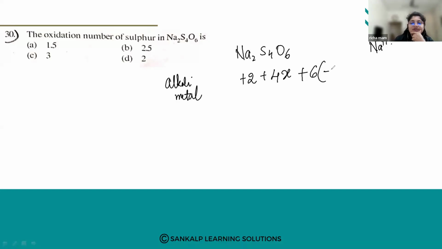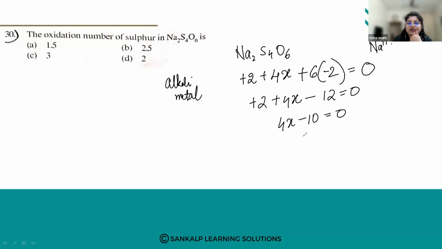Each oxygen, what is the oxidation state? Commonly the oxidation state of oxygen is -2. The whole charge is 0. So +2 plus 4x minus 6 times 2, which is 12, equals 0. So plus 2 and minus 12, it becomes 4x minus 10 equals 0.